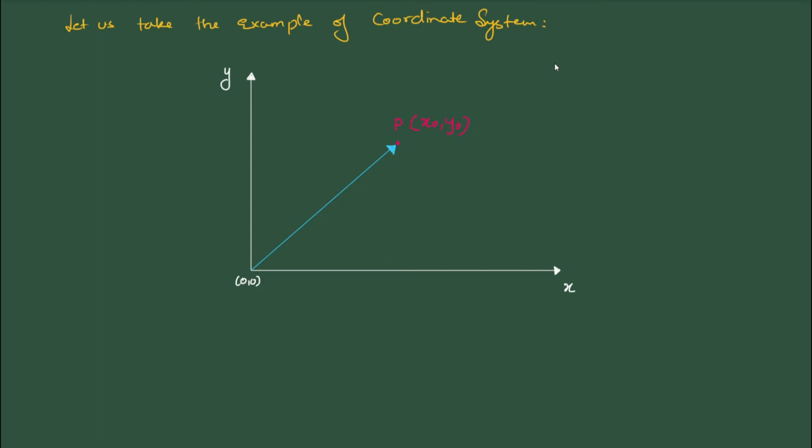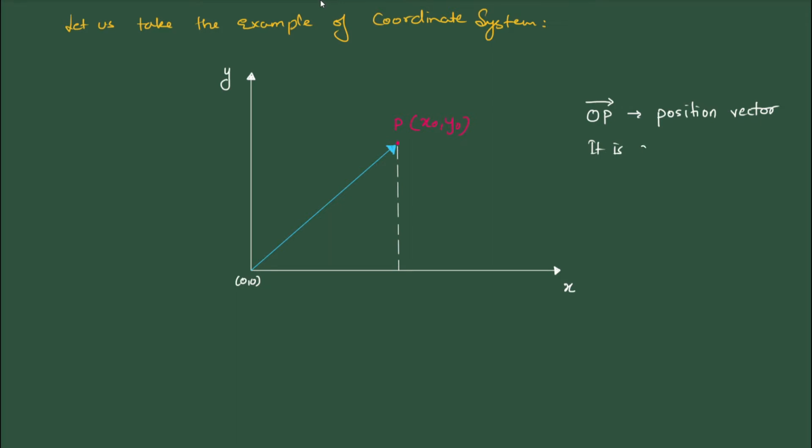So now I have got a line. The line is called OP. Now OP, if I put an arrow over this, it becomes a vector. I will call this OP the position vector. Now what is a position vector?